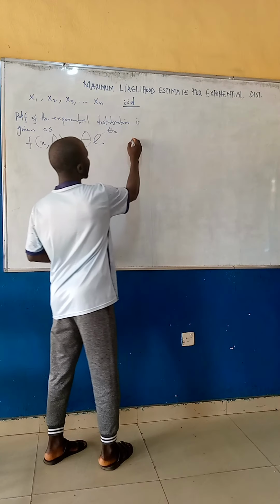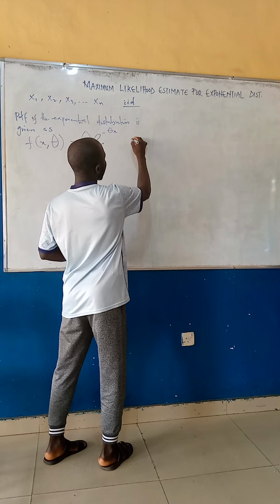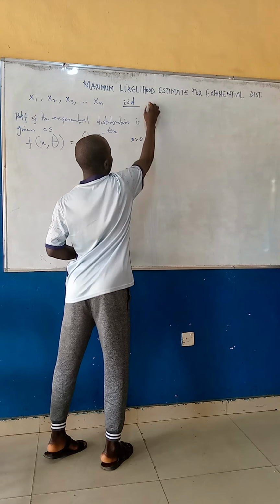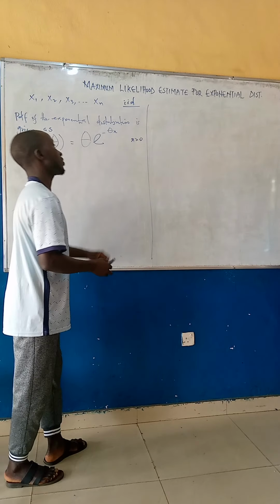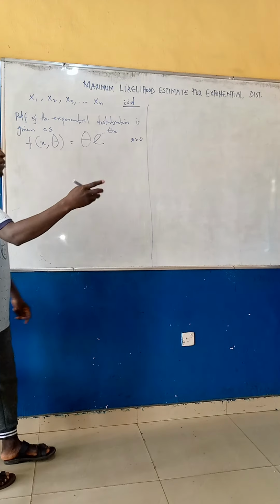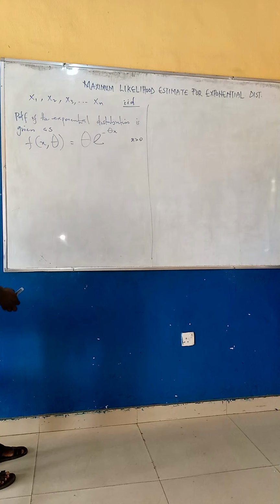And we should also know that x is not a negative value. X cannot assume any negative value. That means x is greater than or equal to 0, like 1, 2, 3, but x cannot be a negative value.